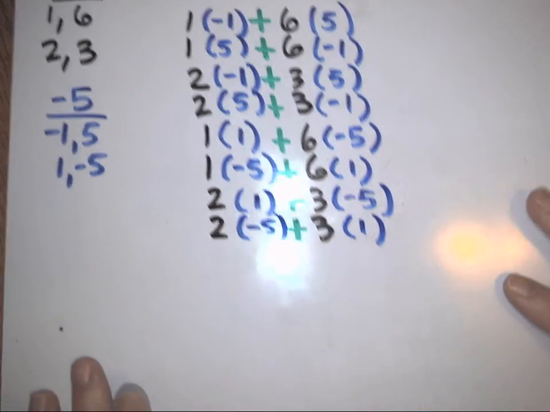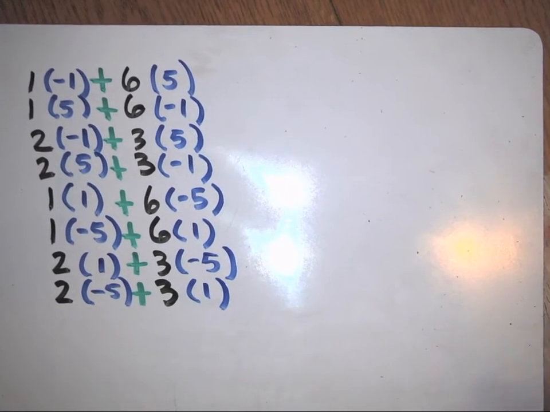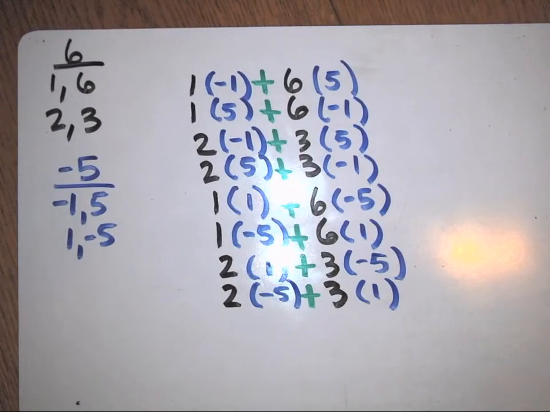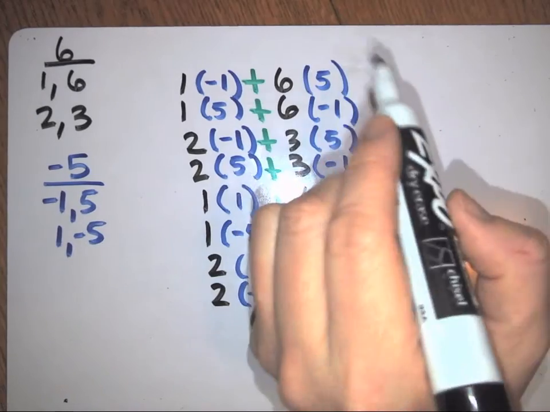I know there's a bit of a glare, so I apologize for that. Let me move it over. Okay, so what I did is I took my factors and I lined them up. Now I'm going to find all of my sums.